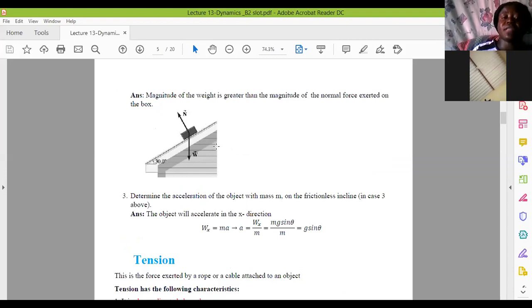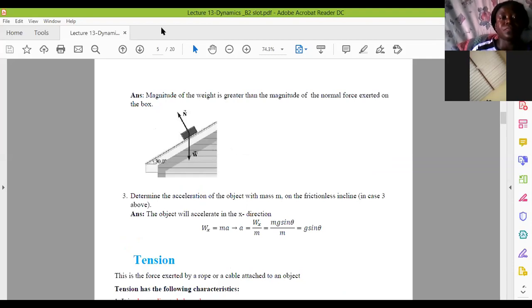Okay, so we have that the normal force is drawn perpendicular to the surface, and that is your weight. So we have that the magnitude of the weight is greater than the magnitude of the normal force exerted on the object. Why?